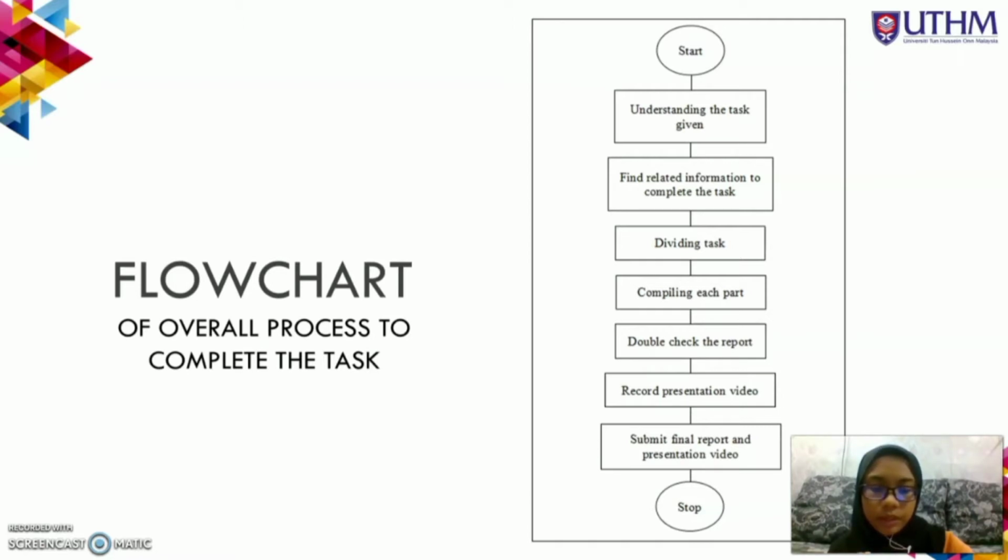After that, we divide our task evenly, and the task should be submitted 2 days before submitting the final report to our lecturer. Next, we compile our task and double check our draft report before we record our presentation video. Lastly, we submit the final report and presentation video through another platform.